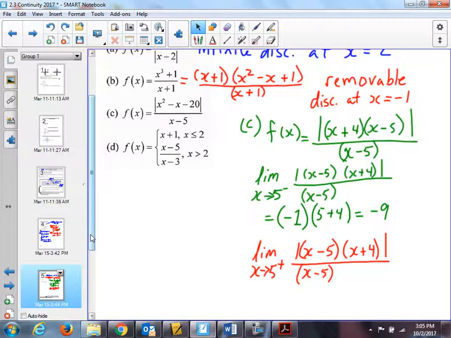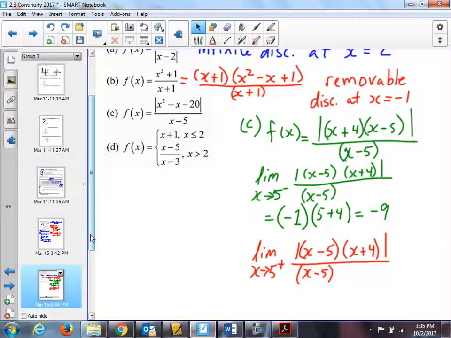Now, with this one, if you put in 5.1, for example, you get positive over positive. It works, doesn't it? It's positive 1, and then 5. It's positive 9 is what comes out of this. You guys get the idea?